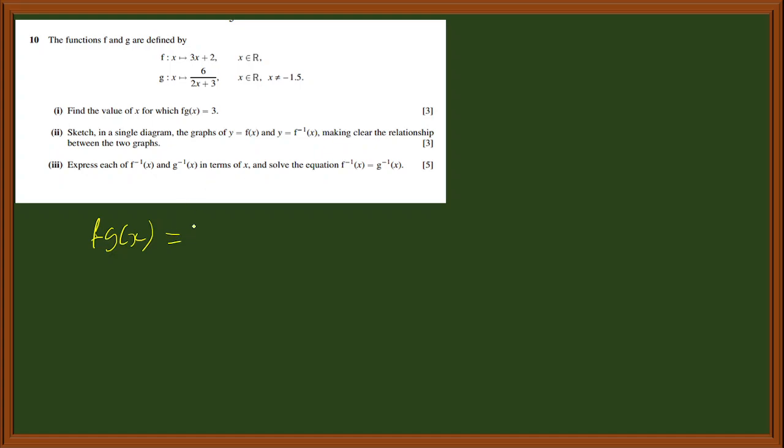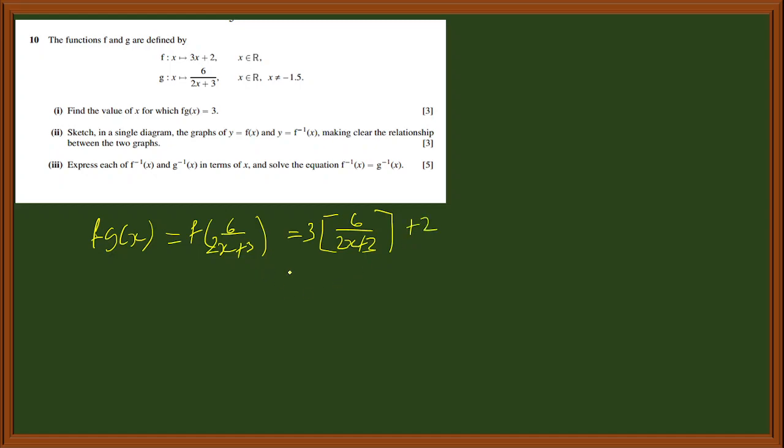So we are going to have f and have 6 over 2x plus 3, where we were having x previously. And going to the function itself, we are going to have 3 open bracket 6 over 2x plus 3 close bracket, so the x that we had in the function has been replaced by 6 over 2x plus 3, plus 2.